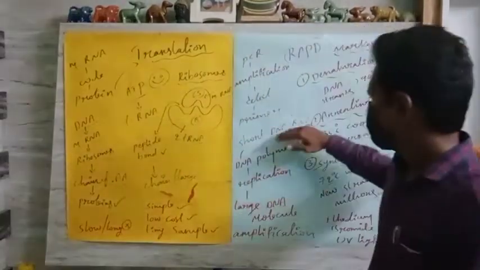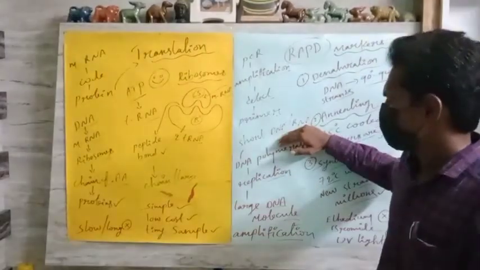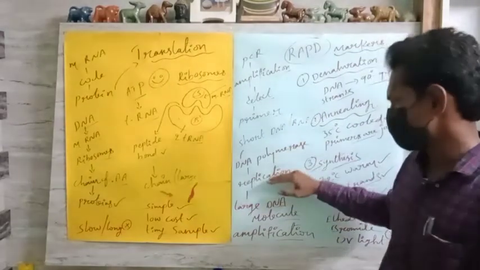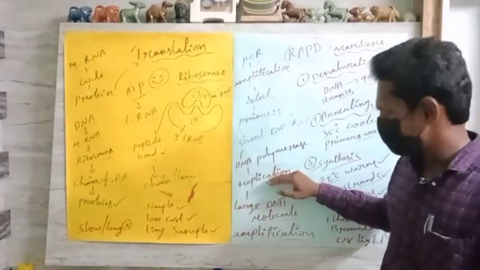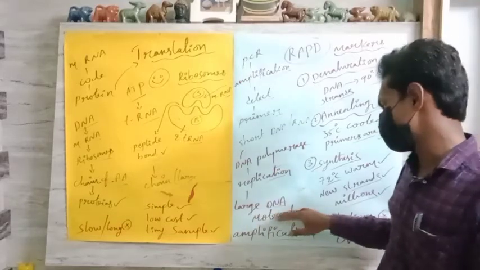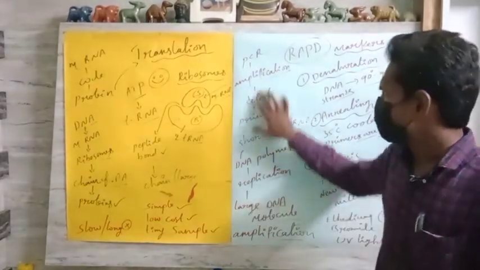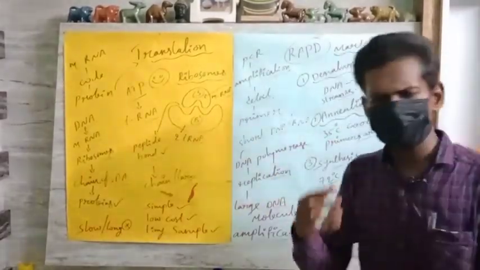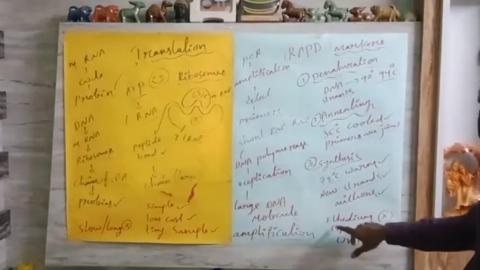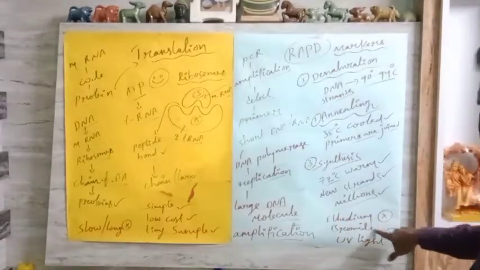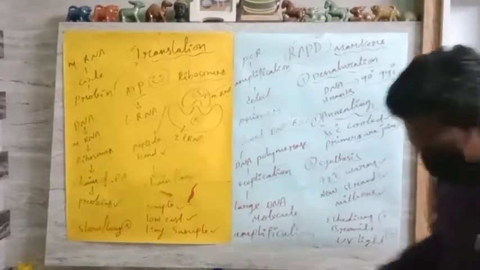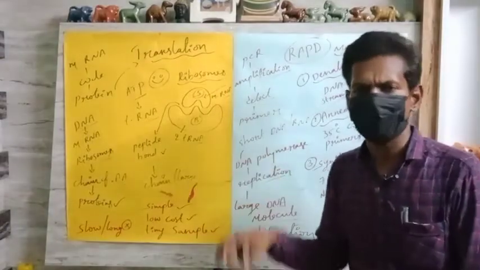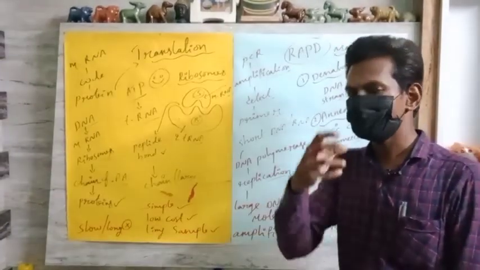So we got a very small sample, nothing but primer. With the help of polymerase, due to the replication, finally we get a large DNA molecule, that is known as amplification. Finally, after getting that double-stranded DNA, if we expose it to ethidium bromide and UV light, whatever the expert would like to find out or detect, that result we will get.